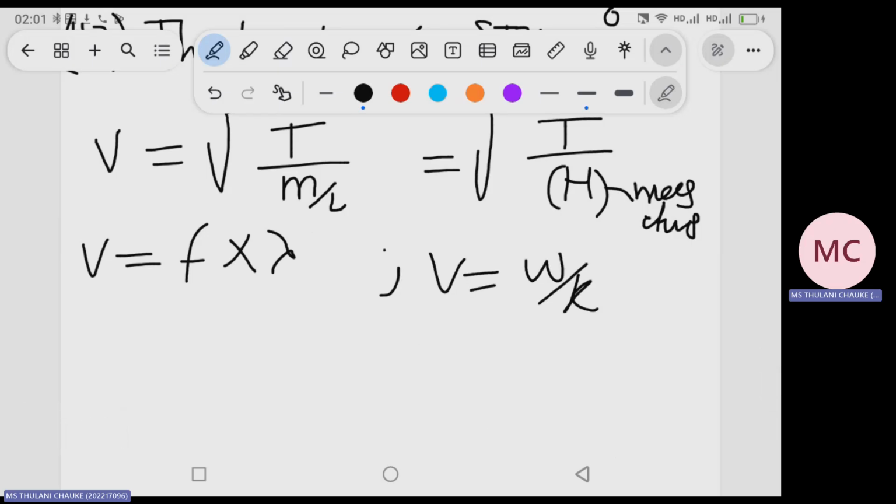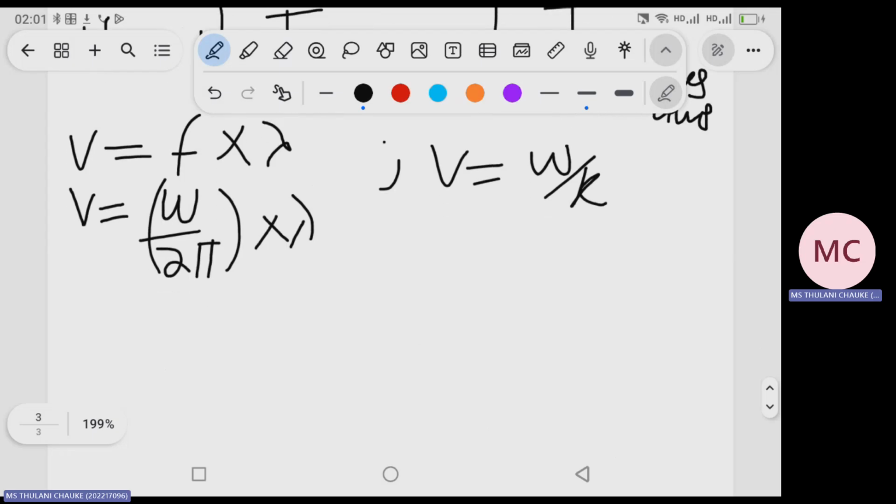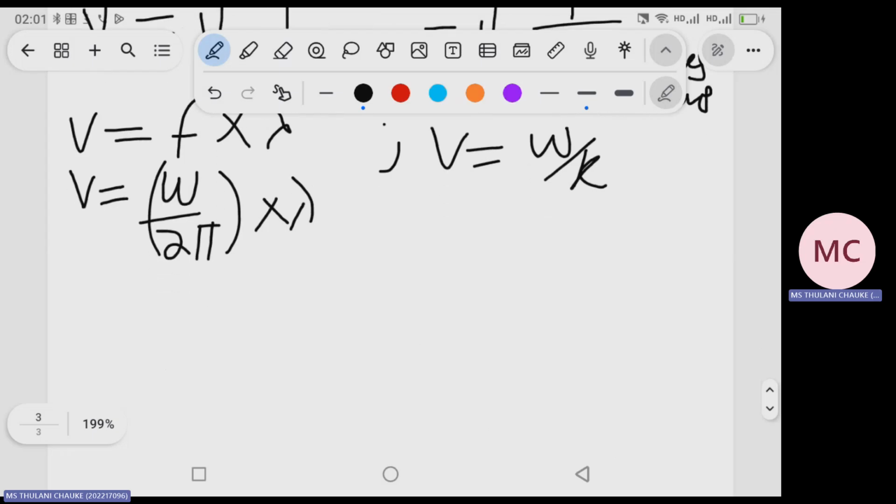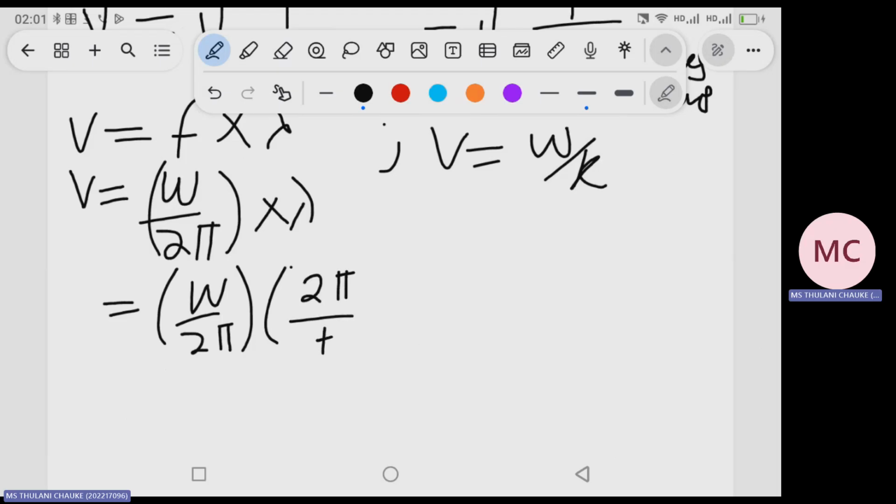So it will be up to you. So I decided to use this one. In order to get the frequency, we know that frequency is omega over 2 pi, times the wavelength. And the wavelength we can represent as 2 pi over k.